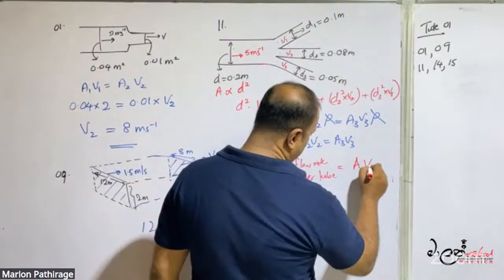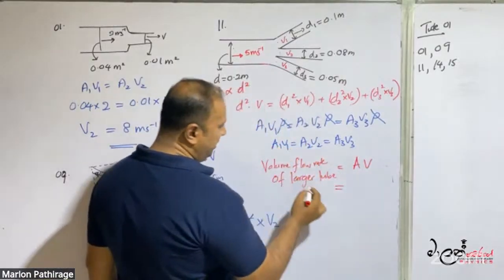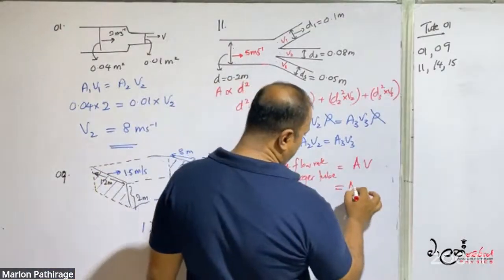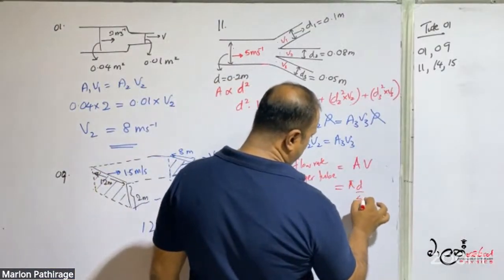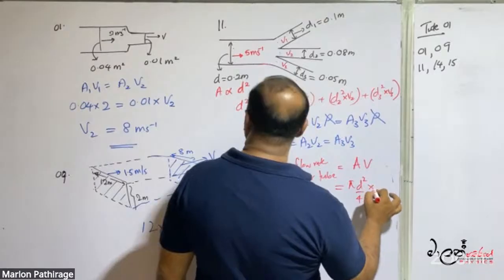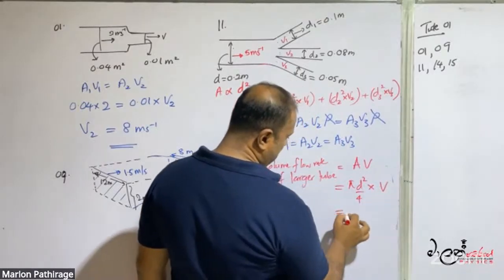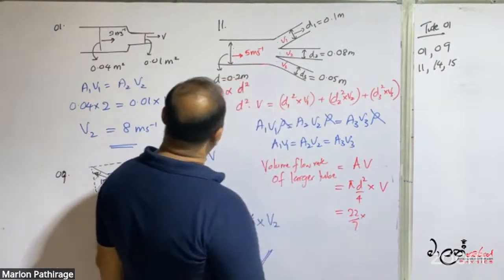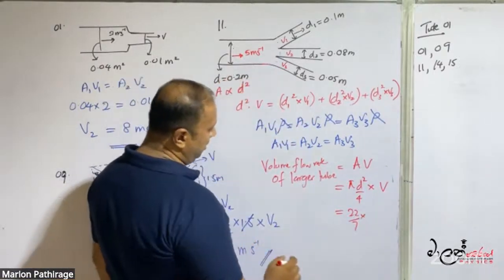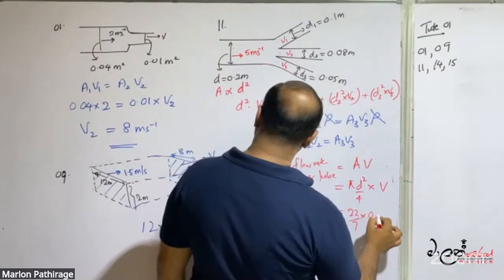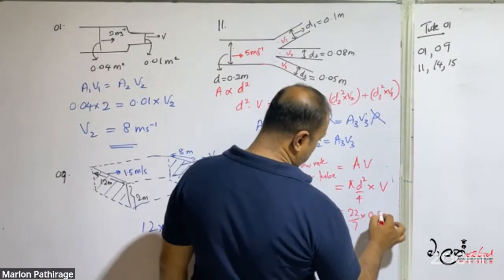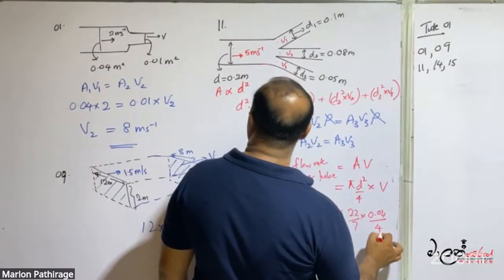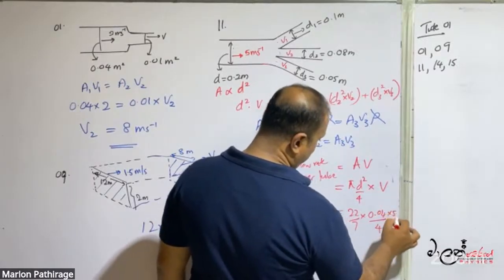So AB is equal, A means 5B squared, (5B/4) squared into V. D is this one, 0.0404 into 5.